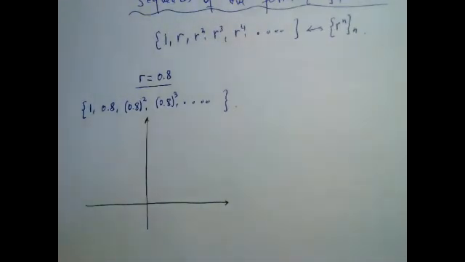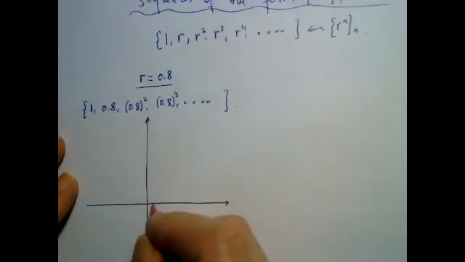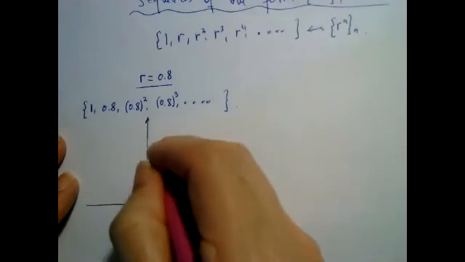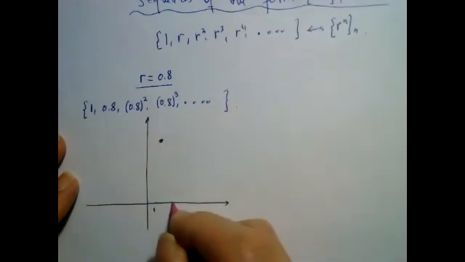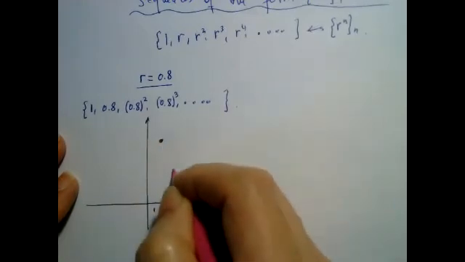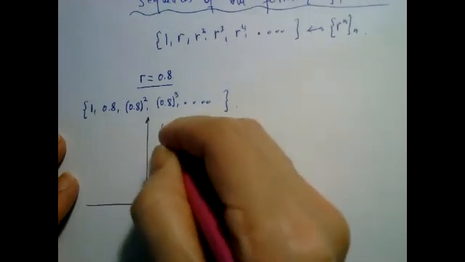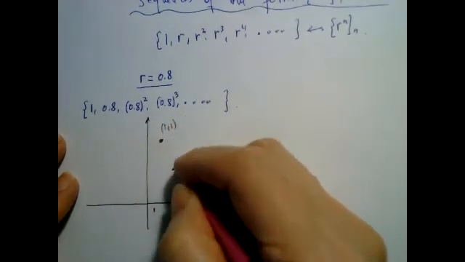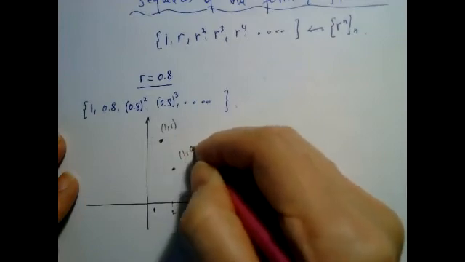They become smaller. You think it becomes smaller because? At 1, we are at 1. Then at 2, it's 0.8. So can anybody justify why they are getting smaller?